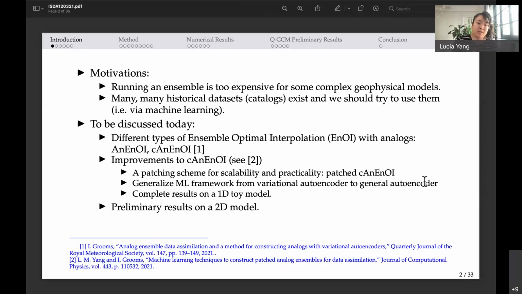In particular, we're interested in constructing analogs with machine learning, and that is a method that's been introduced by Grooms last year, and we'll be improving this by adding a patching algorithm and also by generalizing the machine learning framework. And we show the results of doing that on a 1D toy model. And next, we also show some preliminary results of using this method in a 2D model that uses coupled data assimilation.